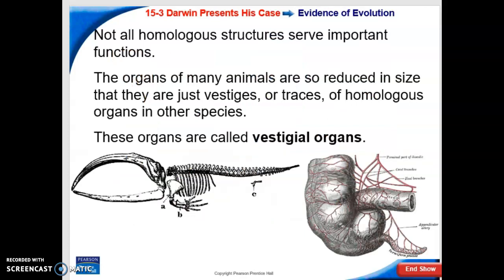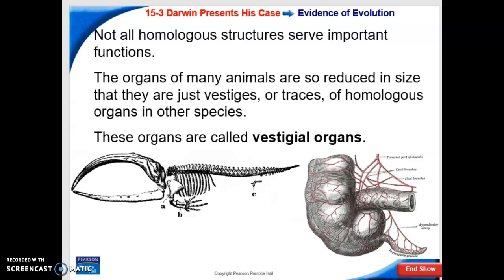Now, as we're talking about homologous structures, there are some structures that don't serve an important function, and we call these vestigial organs. Some vestigial organs are in a whale. On the bottom, it's C, that would be its hip bone.